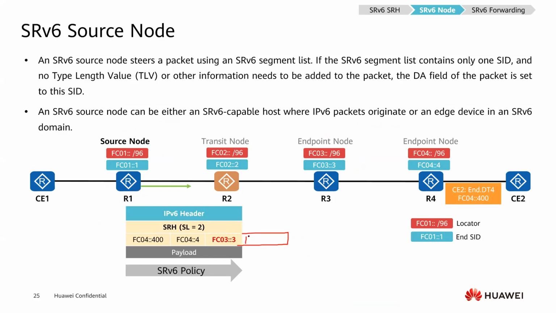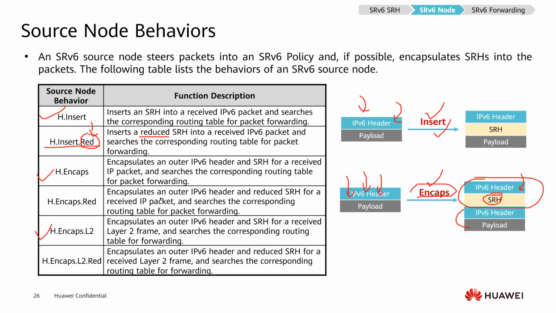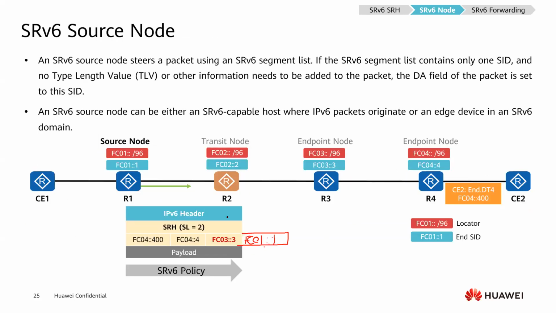They can have FC01::1. Without reduced, when R1 encapsulates the SRH header, R1 thinks the first hop is itself, so it will add FC01::1 into the SRH.